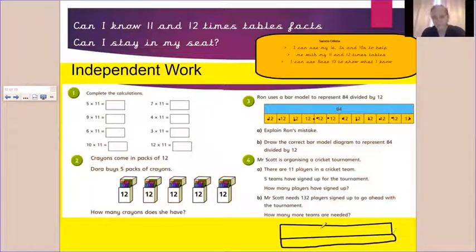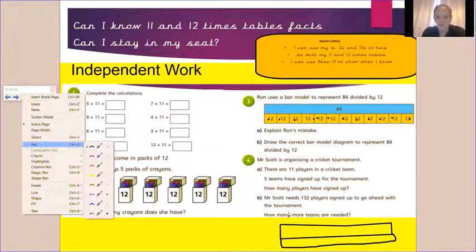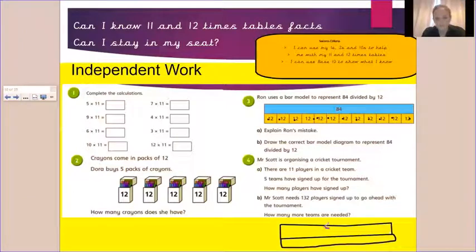So if it is 84, which is the number that is at the top, if we are dividing it by 12, we are dividing it into 12 equal groups. Okay, so this is equal to 12 equal groups. The only issue with that is that it wouldn't be 12 in here.